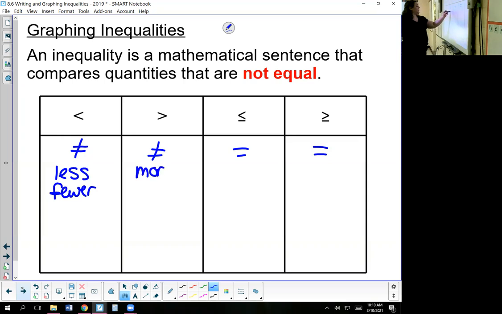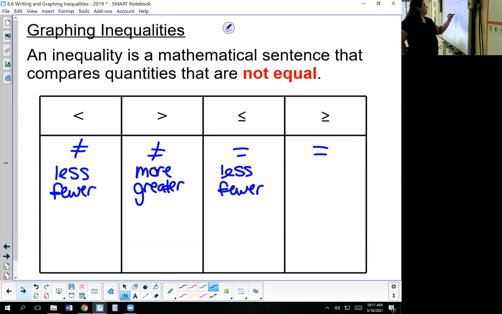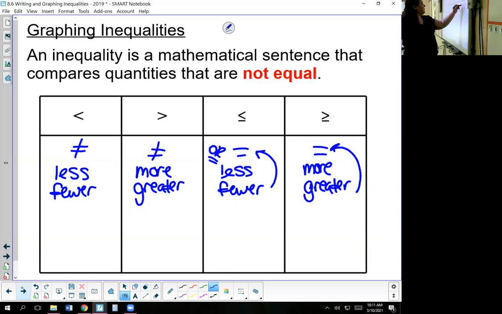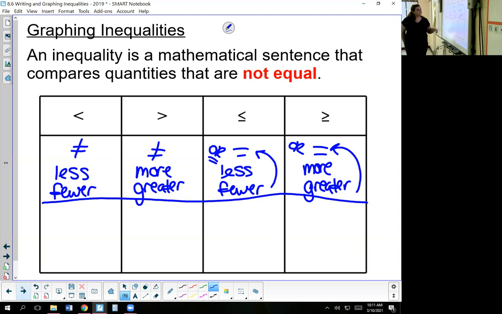This one was more than or greater. Whereas now we know that this one is less than or fewer than, but also or equal to. Same thing here, more than or equal to, greater than or equal to as well.